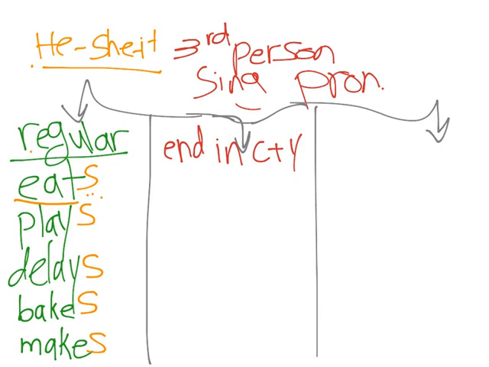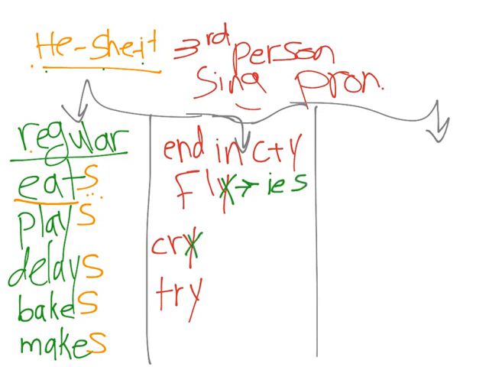If I have a verb that ends in consonant plus Y, like fly and cry and try and so on, in order to use them with he, she, or it in the present simple, I change the Y into IE, then I add the S. It becomes cries or tries. Same thing, I haven't changed anything.